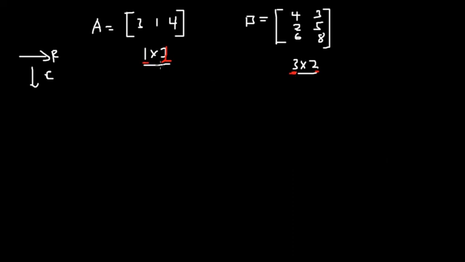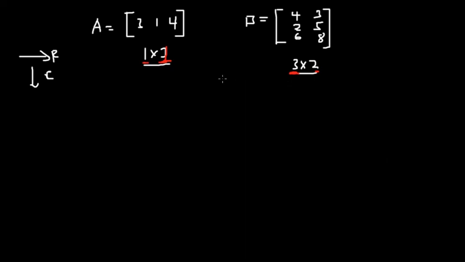So in short, the columns of the first matrix have to always be equal to the rows of the second matrix. From here we have column 3 and here we have, sorry, row 3.